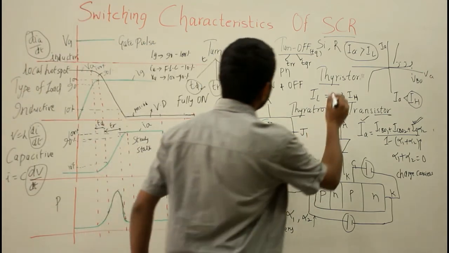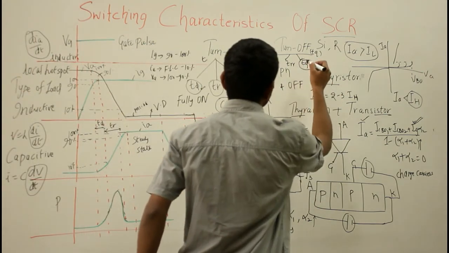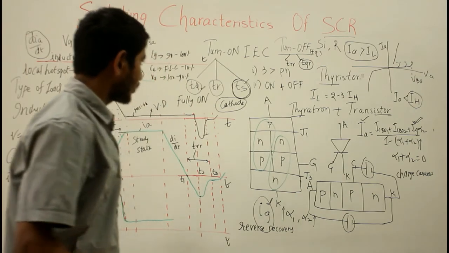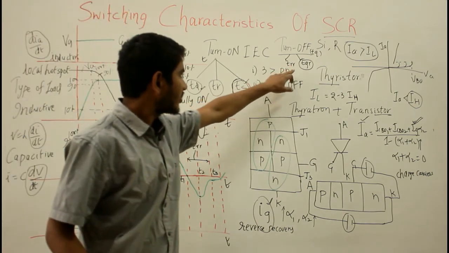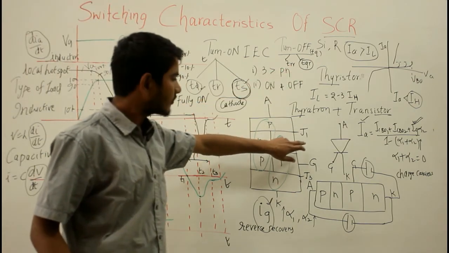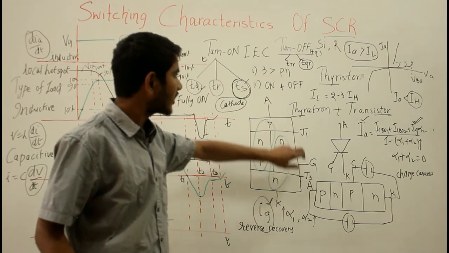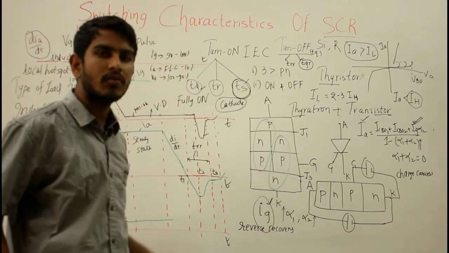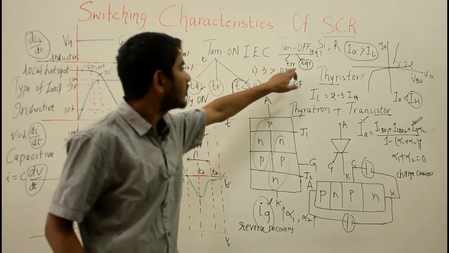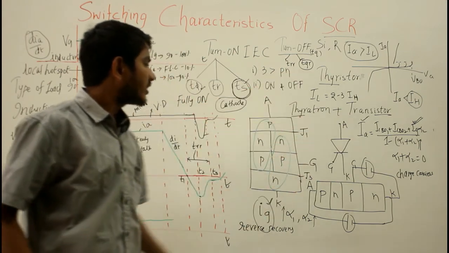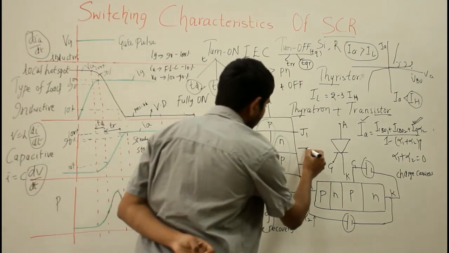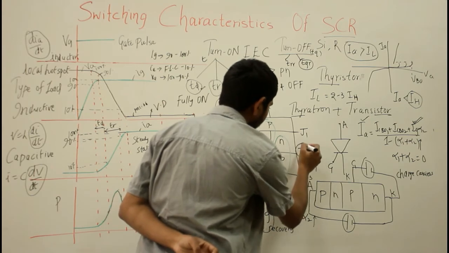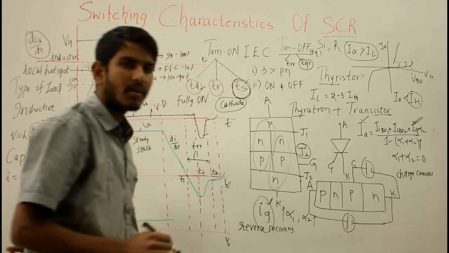Now coming to the gate recovery time. Even after the reverse recovery time, in which the charge carriers from the junctions J1 and J3 are removed, the thyristor is not able to block the forward voltage even after TRR. It is because of the trapped charges in the junction J2 that the thyristor is not able to block the forward voltage.